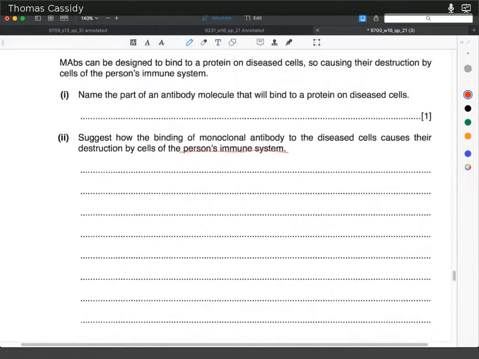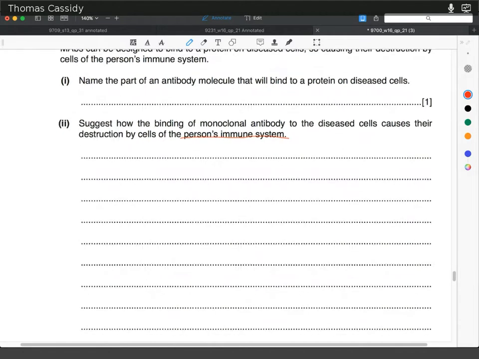We can get 1 mark already just by having read the question, because we know that if they're being destroyed by a person's immune system, we have stimulated an immune response, and that's 1 mark already. So we want to explain some of the finer details of how the immune system works and how it tackles diseases in general.